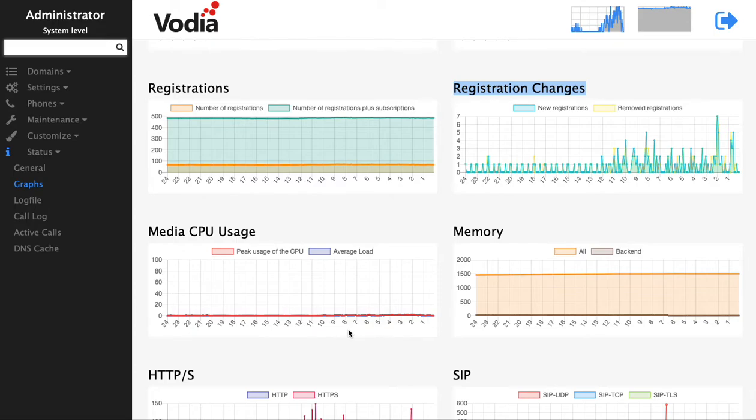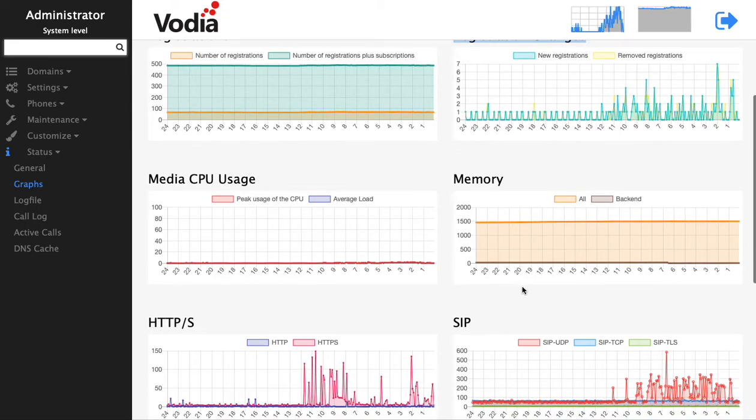But it's a very important graph, because you want to make sure you're staying somewhere below, let's say, 75%, because otherwise you end up with a lot of jitter on that system. And we don't want that, because we want good quality for our users.